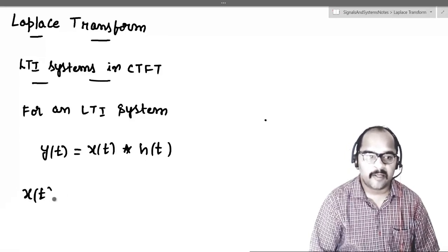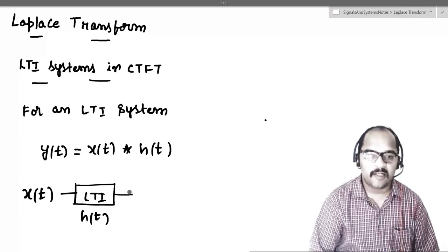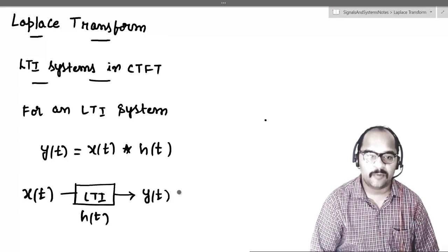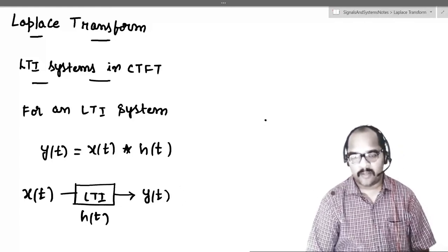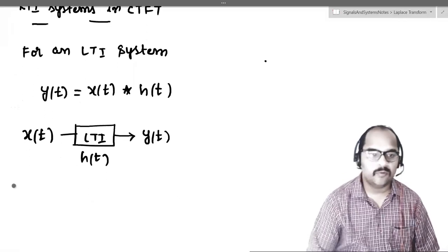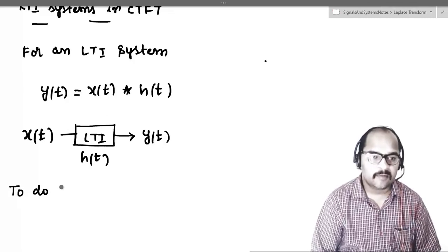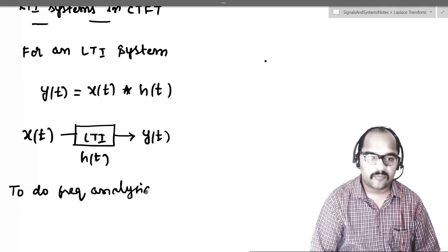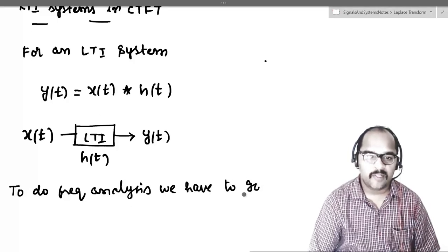So the block diagram representation will look like this. This is our LTI system with impulse response h of t, and it gives us y of t as output, which is equal to x of t convolved with h of t. To do frequency analysis, we have to go for CTFT.